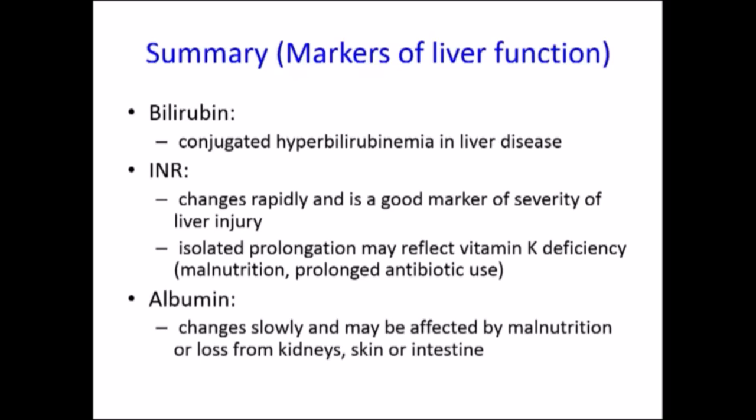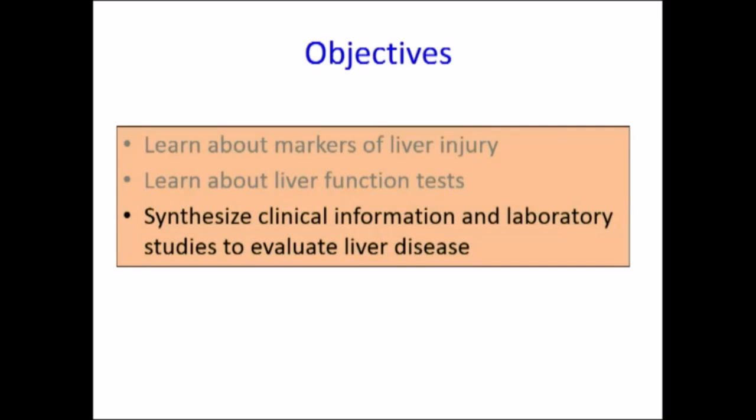We get vitamin K from the gut flora, so that's a common reason why INR could be prolonged. Albumin changes slowly, but may also be affected by malnutrition, renal loss, or loss from skin due to burns or from the intestine. Now, having talked about liver injury and liver function tests, let's now synthesize all of this.